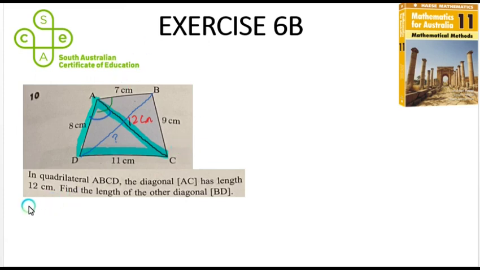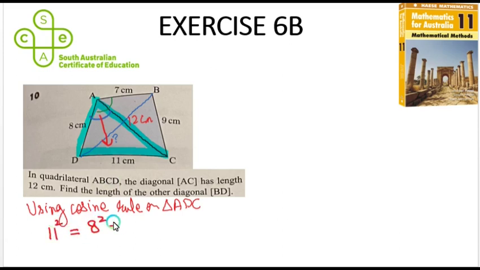So using cosine rule on triangle ADC, the side opposite to the angle involved is 11, right? So 11 square is equal to the other two sides are 8 square, and this side is known, which is 12, right? And minus 2 times the same side, 8 times 12 into cos of the angle. Cos of the angle is DAC, right? This angle DAC.